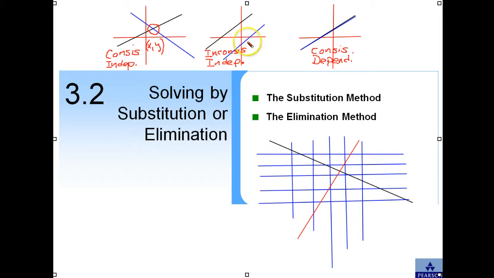Now in this second instance, we said if we graph the first line and graph the second line, they had the same slope, but different y-intercepts. There are no solutions. There's no point of intersection. So this would be inconsistent, and the lines are different, so they are independent.